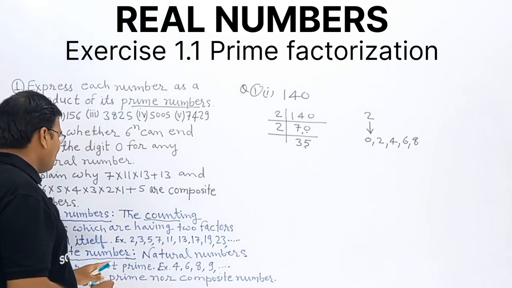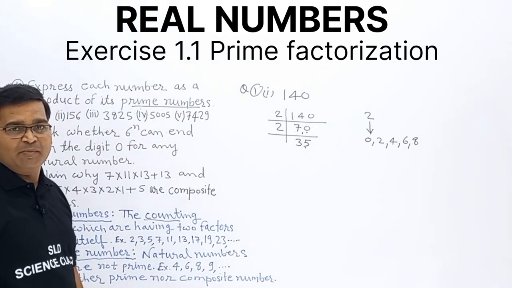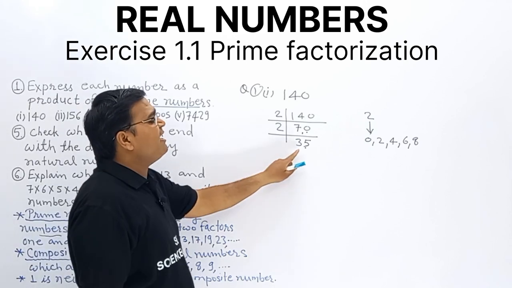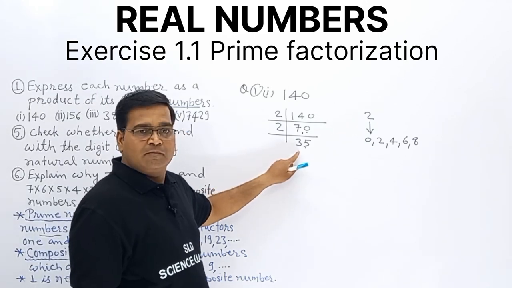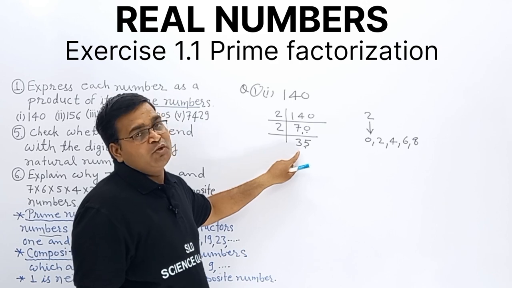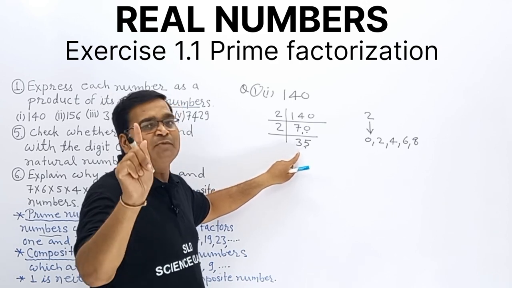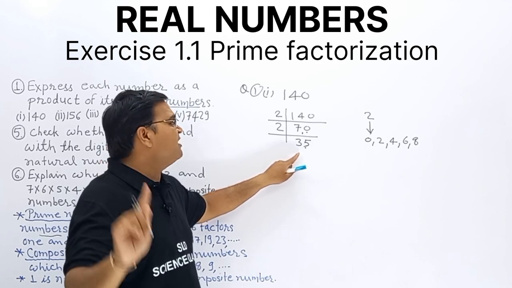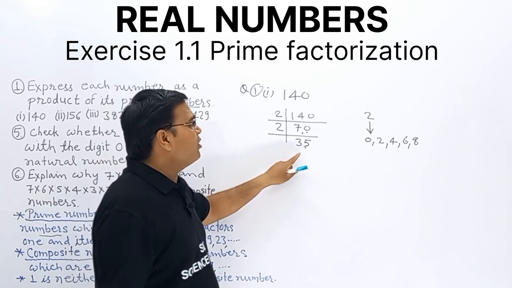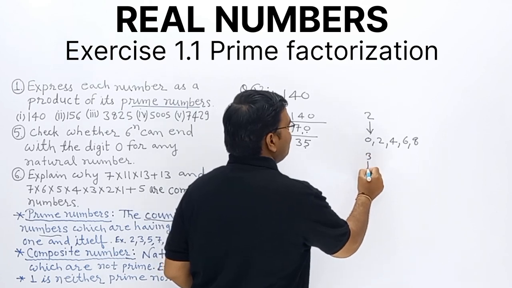Now the next prime number is what? 3. Can we divide this number by 3? So for dividing this number by 3, first we need to know the divisibility rule of 3.